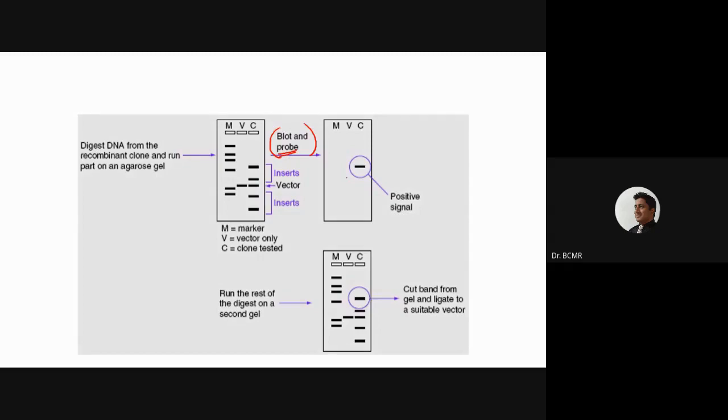When we do blotting, we will find that it gives a signal. Whichever clone gives a signal must be the recombinant. Okay, these are the simplest techniques that people routinely do for confirmation purposes.